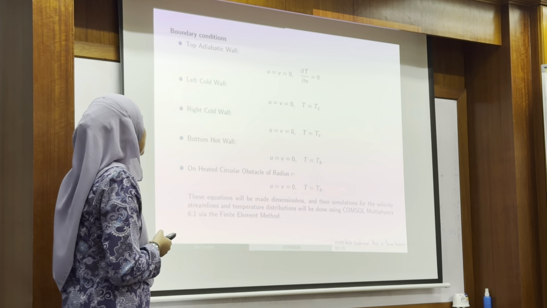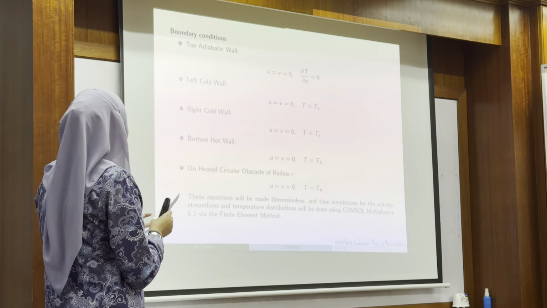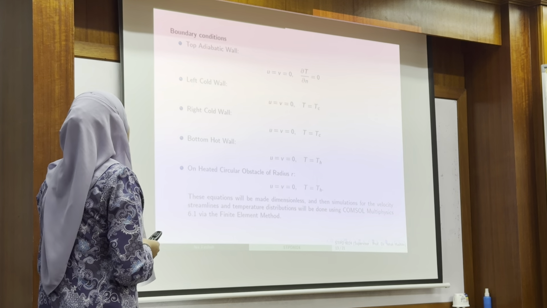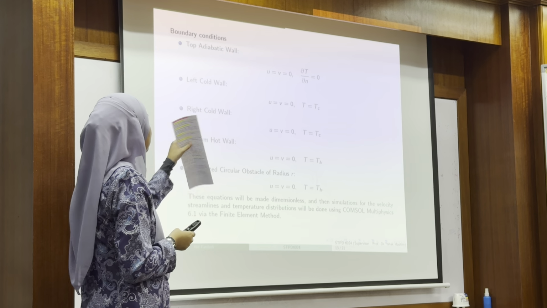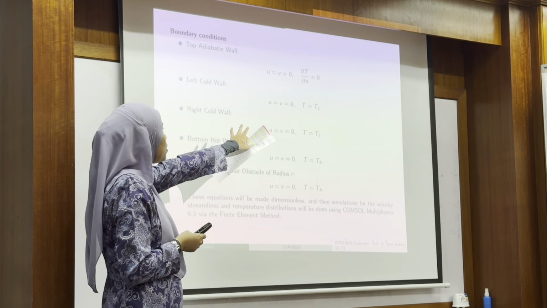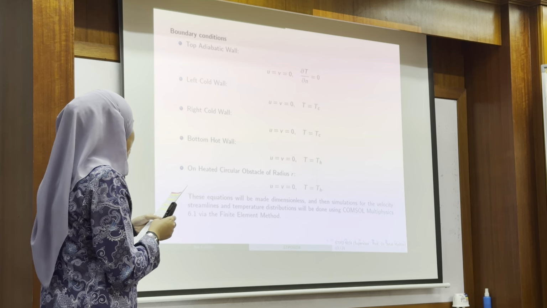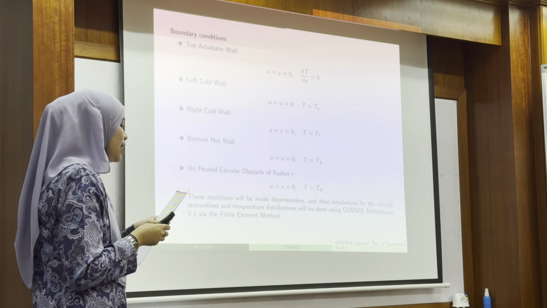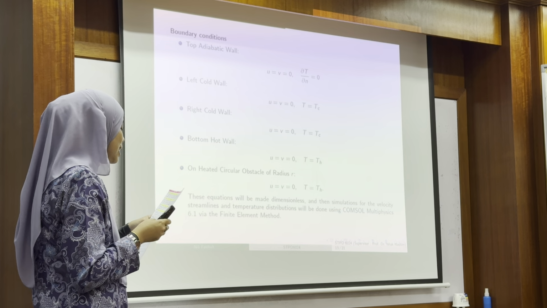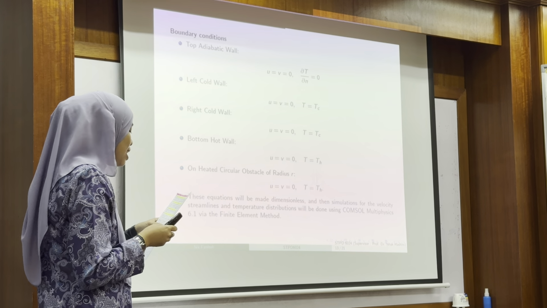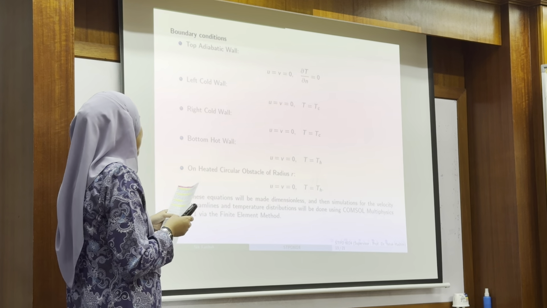Okay, so we move to the boundary conditions. For the top adiabatic wall, we use u equal to v equal to 0, ∂T/∂n equal to 0. This implies no fluid motion, which is the no-slip condition, and zero normal temperature gradient, ideal for modeling thermal insulation.